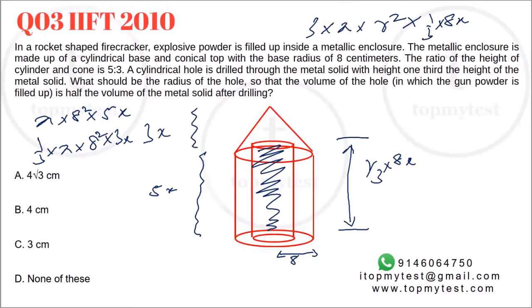Now these two are equal, so let's slowly cancel the values. So pi is there, this will also go, 3 will go with this, x will go from both of them, this should be added, and 3 goes with here.